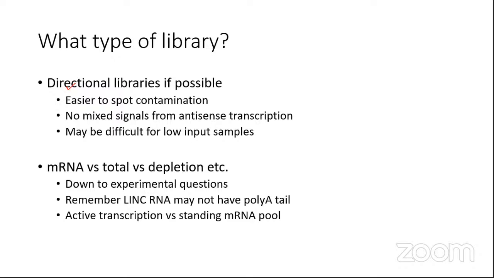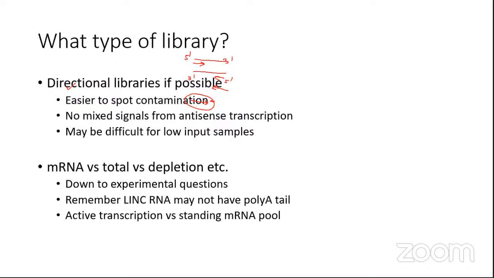If we make a directional library, we know that we are preparing from 5 prime to 3 prime, or in the other direction. We know in advance. Suppose I am preparing my libraries in this direction. But if I get the alignment in this direction, it means that this is a contamination because I didn't prepare anything in this direction.